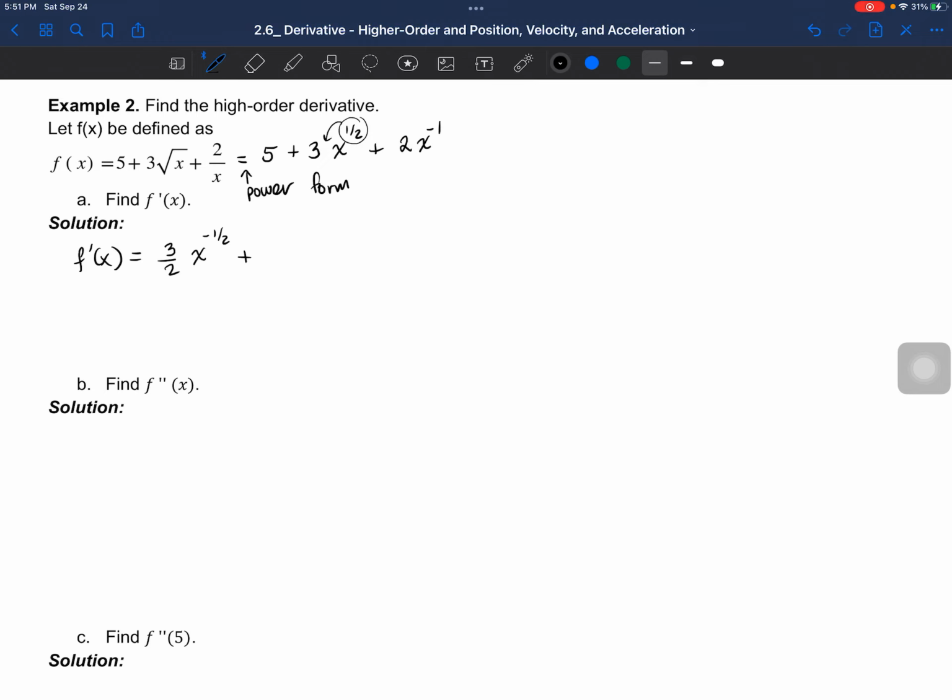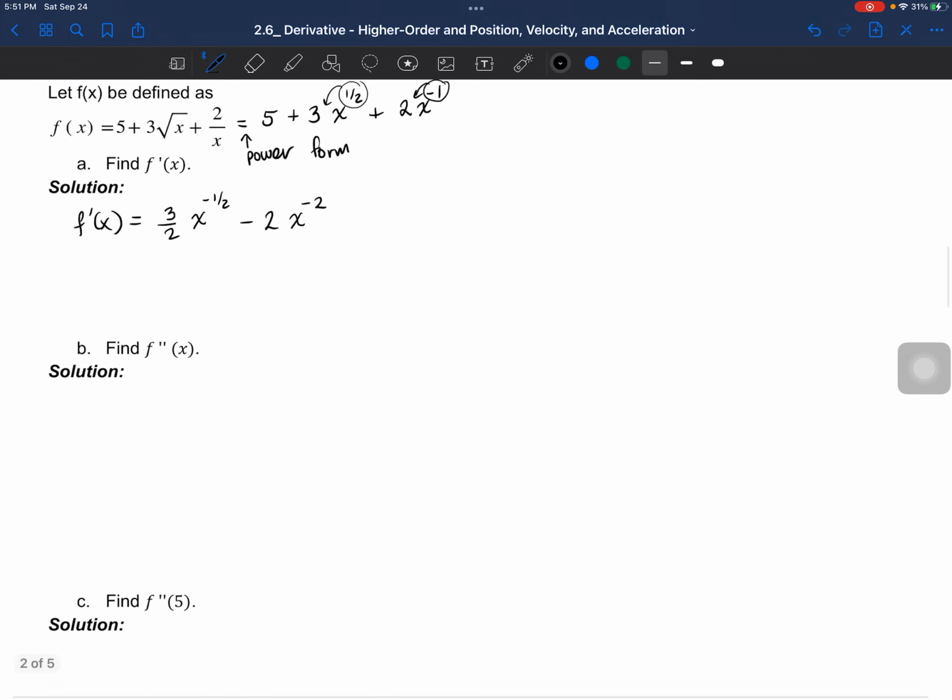Plus, and then 2 times x to the -1. Again, using the power rule combined with the constant multiple rule, multiply 2 by -1. That will give us -2 times x, and then take away 1 from -1. So -1 minus 1 is -2.